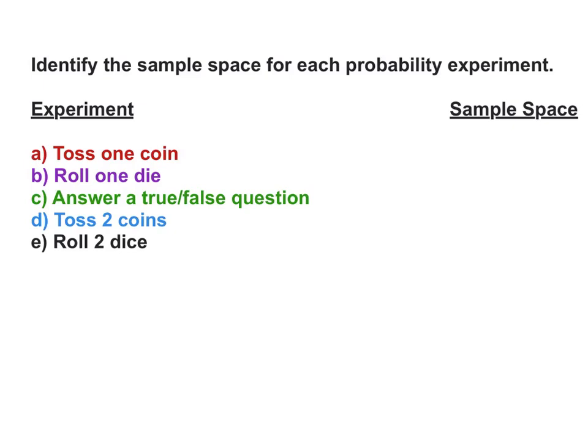And why this is important is because the number of total possibilities that could exist for each of those things is going to help us determine the probability. So before we can really find the probability of anything, we have to know the sample space and the number of possible outcomes in the sample space. So the first one should be pretty straightforward.